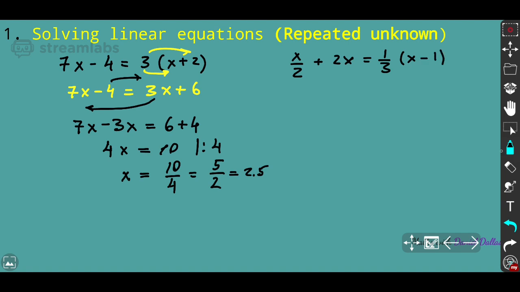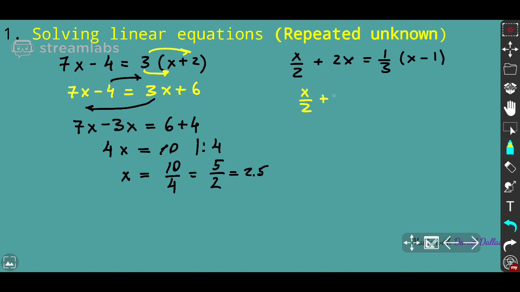Okay? In this case, you need to work with fractional coefficients, no problem. The idea stays the same. First you simplify, you expand the brackets, and then you combine or collect x variables on one side. So what does it mean? It means that here you have x over 2 and 2x.